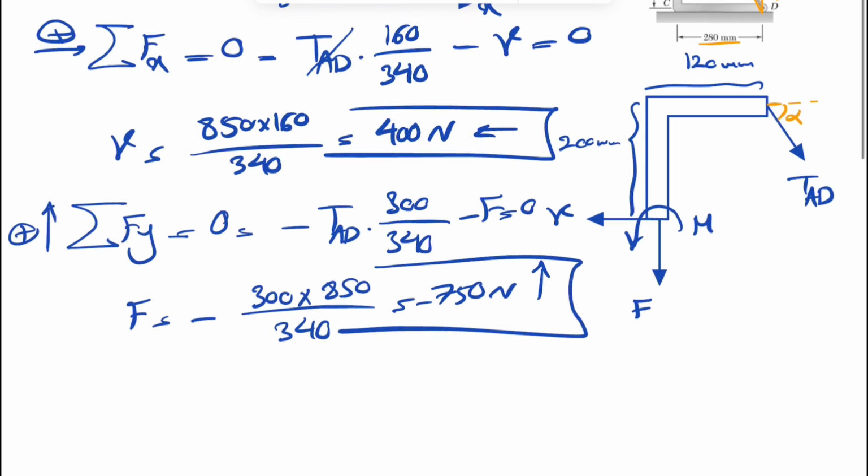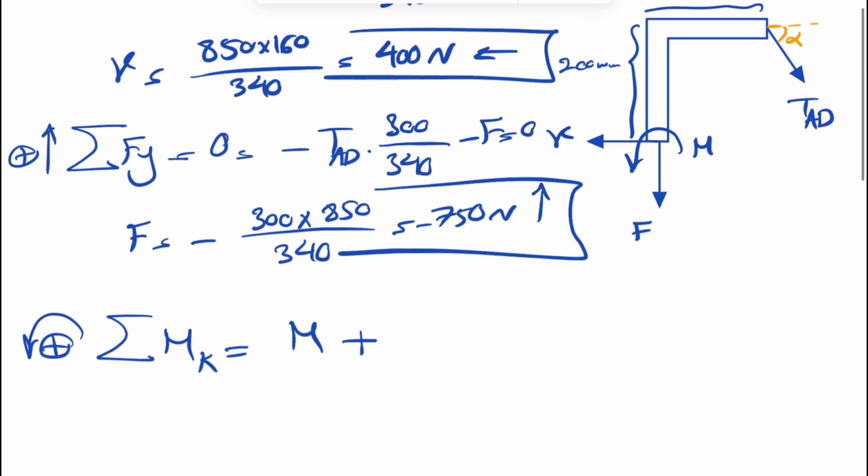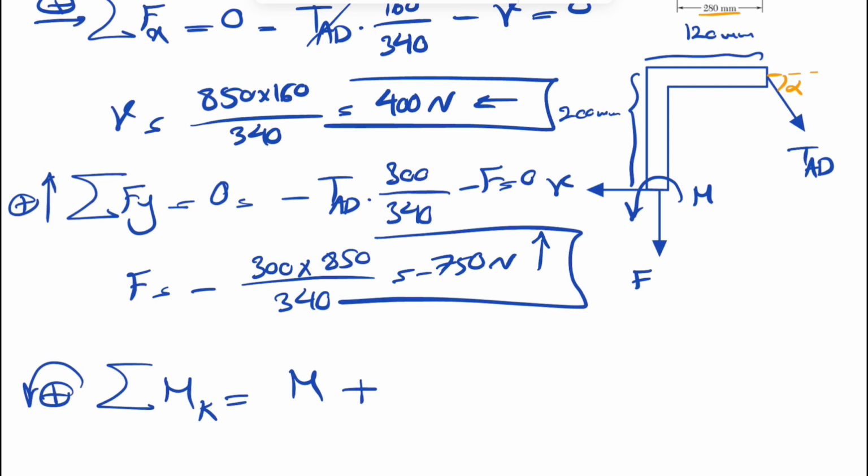So now we have to find the bending moment. We're going to do the sum of all moments about K. We're going to call counterclockwise positive as always. So we have the moment M, which we assume is counterclockwise for now, so we have a positive M, plus, now we're going to go with the x and y components of TAD. This will be the x component, and this will be the y component.